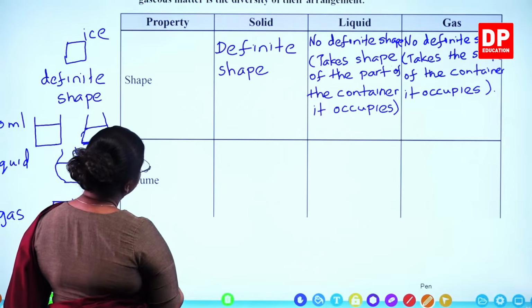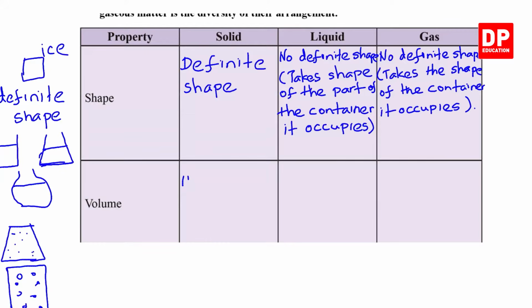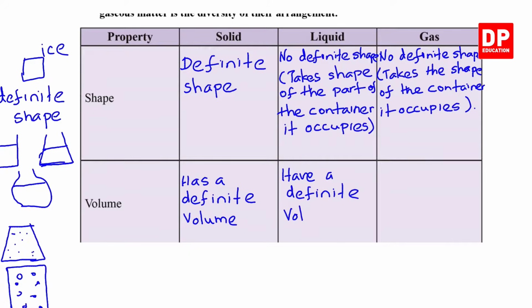Now if you take volume, solid has a definite volume. Liquids also have a definite volume.